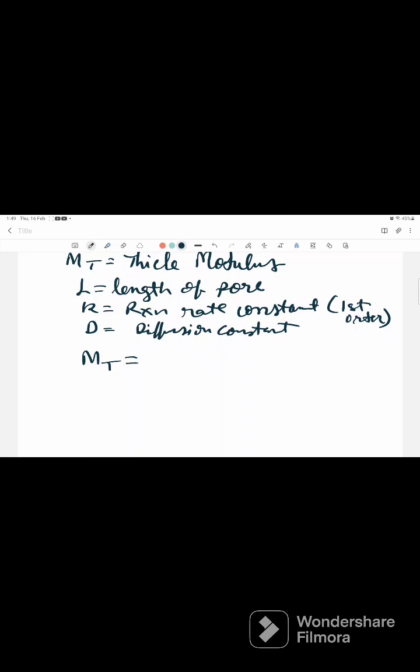Then it is defined through the formula L root K by D, K is the rate constant, and D is the diffusion constant.